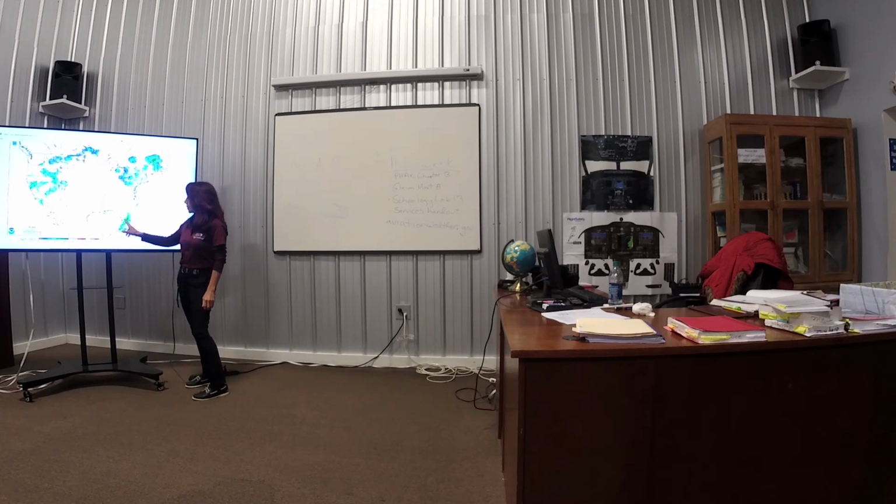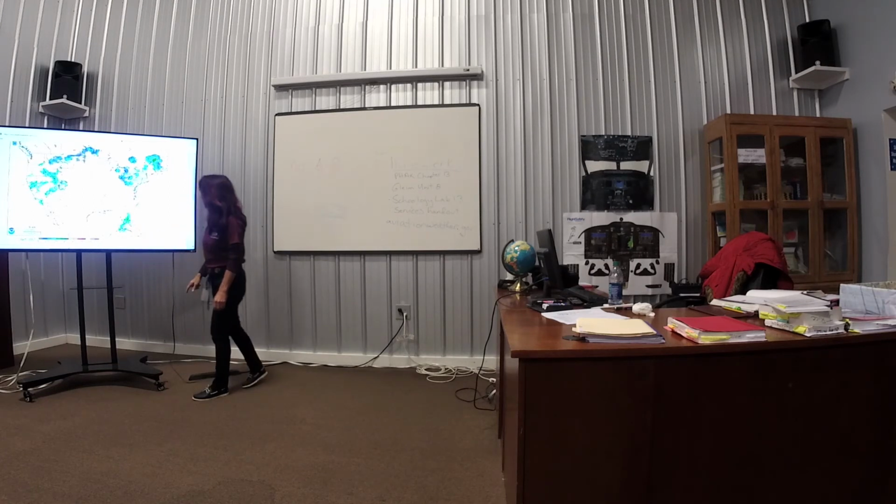The green is it's rain. The yellow is it's heavy. The red is it's seriously heavy. We have little pockets of red, a lot of rain. Probably 1 dot, 2 dots, and a little bit of 3 dots if you're looking at your other charts.